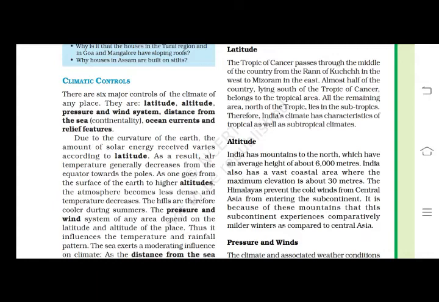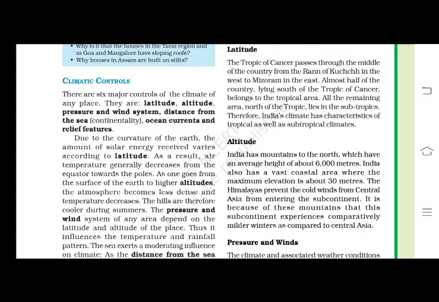The Himalayas prevent the cold winds from Central Asia from entering the subcontinent. The height of the Himalayan mountains is very high, and they prevent the cold winds from Central Asia from entering our subcontinent.